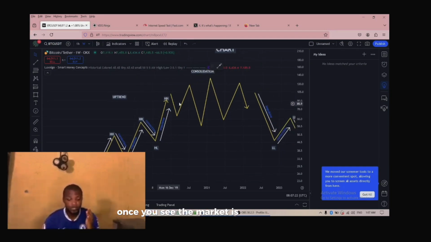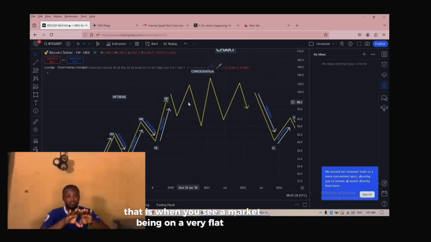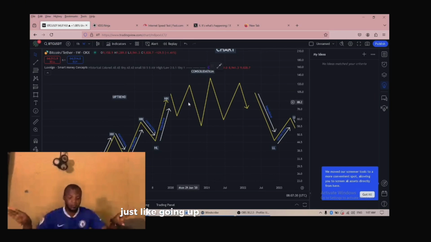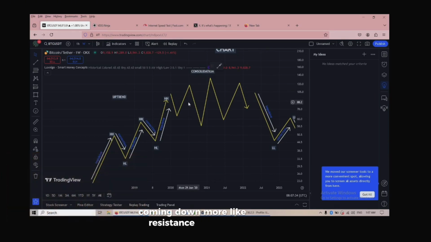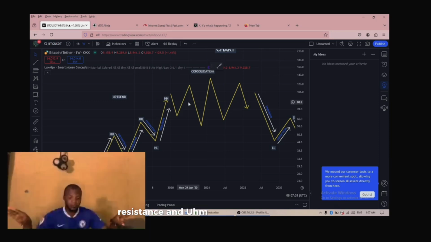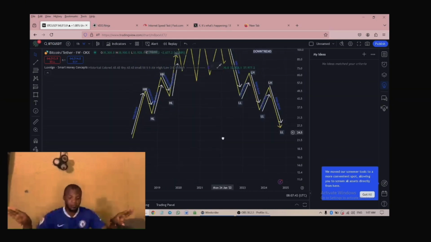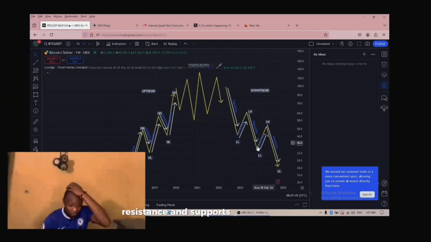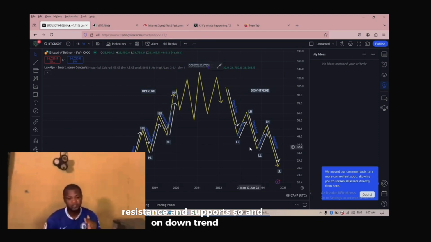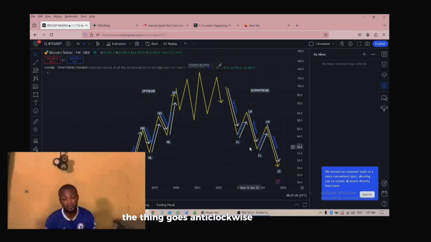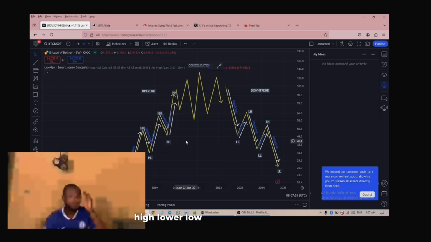Once the market is about changing, you see it on a very flat move, going up, coming down, going up, coming down, more like resistance and support. On a downtrend, the thing goes anti-clockwise. It gives us lower low, lower high, lower low, lower high.